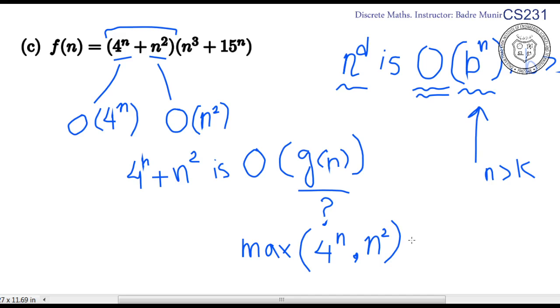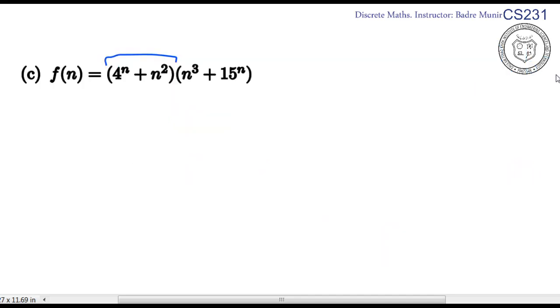So therefore, out of these two, the max is going to be 4 raised to power n, the exponential function. So all this tells us is that this function is big O of 4 raised to power n.